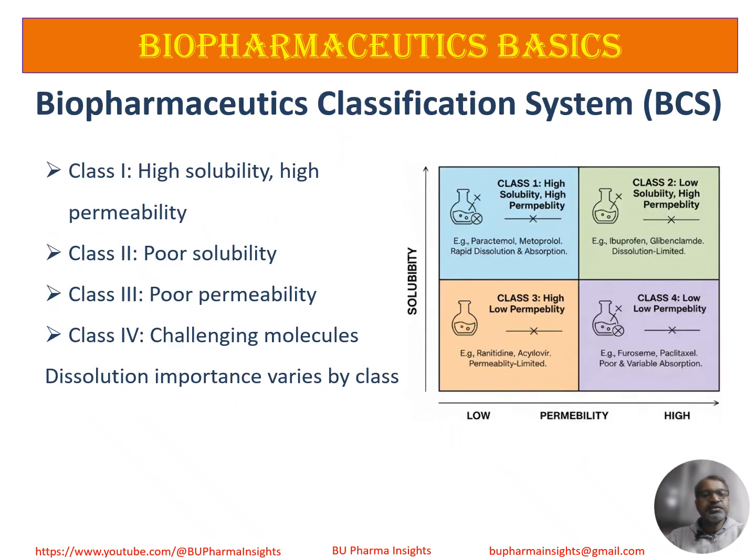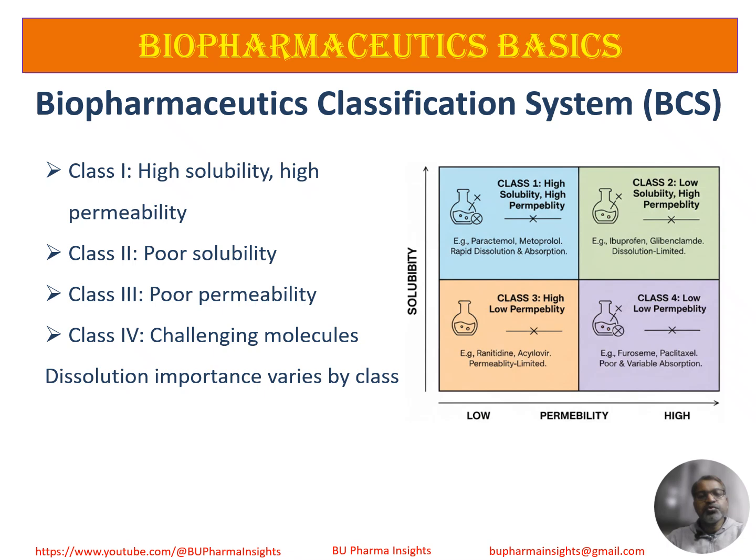Now we will discuss BCS, the Biopharmaceutical Classification System. BCS classifies drugs into four categories based on solubility and permeability. BCS helps us understand how critical dissolution is for a given drug. For class 1 drugs, dissolution is usually rapid and not the rate limiting step. For class 2 drugs, which have low solubility, dissolution becomes the biggest bottleneck to absorption.